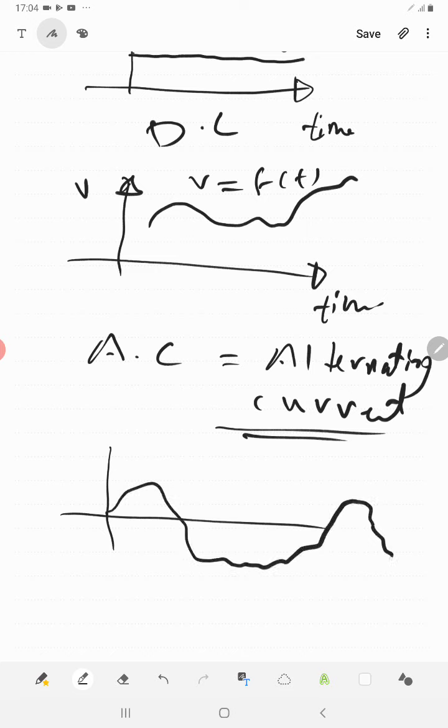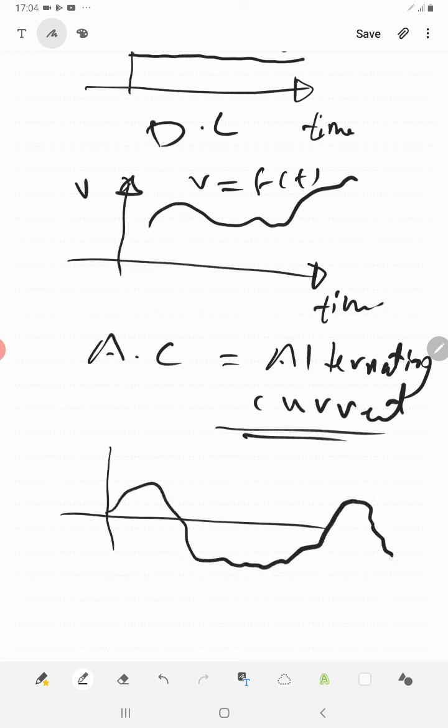So V as a function of time is equal to V maximum sine omega t. Okay, so this is V maximum here. Now this is a complete cycle, tau.